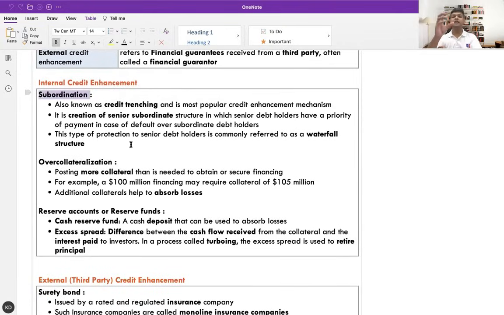Subordination. Subordination means your company's bond portfolio, meaning all the lenders from whom you have borrowed, is structured in a manner that the first to be paid are the senior bondholders, then the subordinate, then the junior.